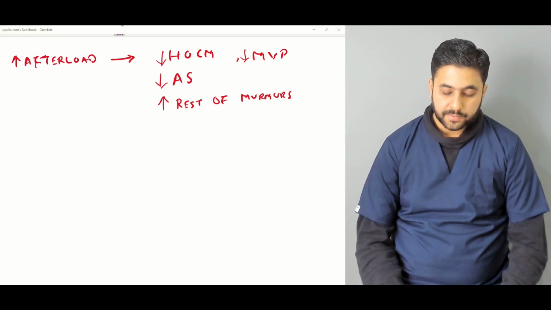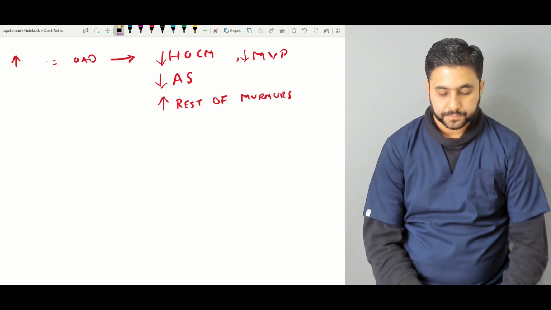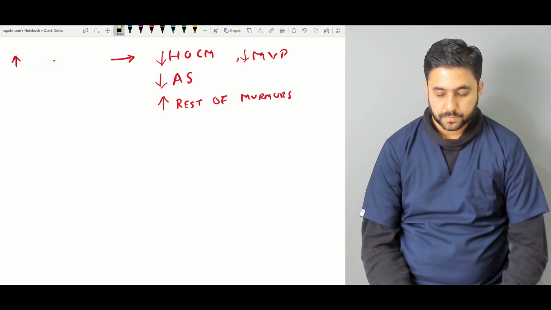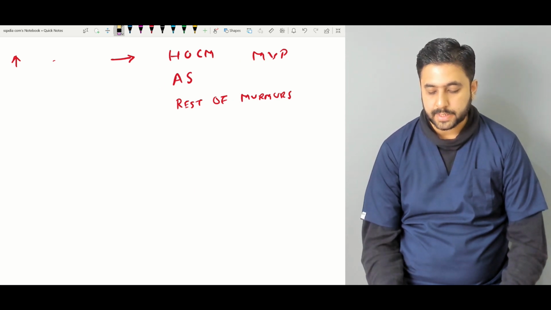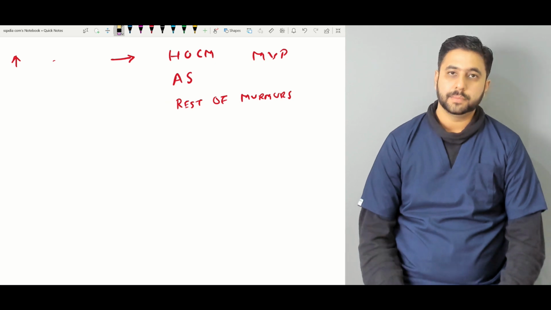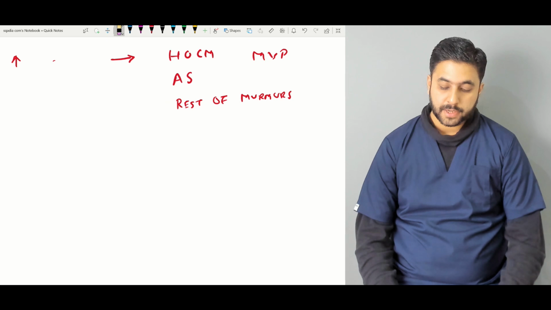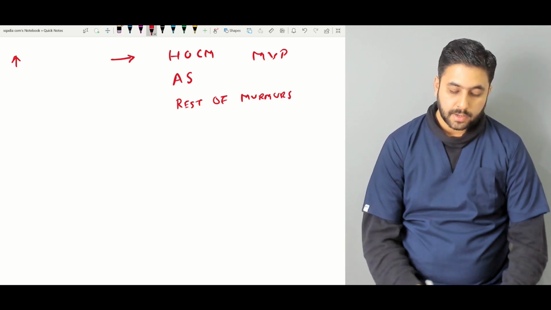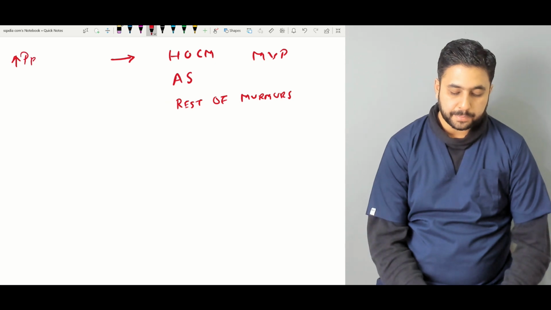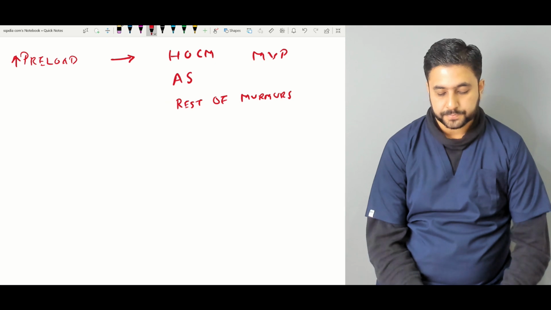Now let's discuss a few things which happen when we alter the preload. Again, we are going to discuss these in terms of these three murmurs majorly, and then the rest of the murmurs: hypertrophic obstructive cardiomyopathy, mitral valve prolapse, and the aortic stenosis murmur. Now, if we increase the preload in a patient, how can we increase the preload?